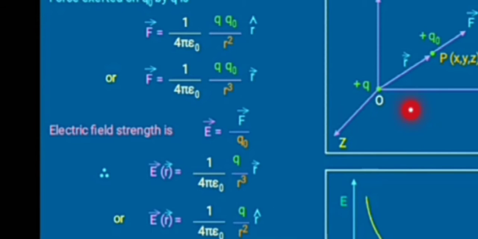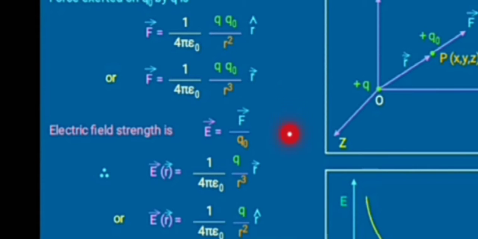If another charge plus Q is at the origin, there is a force of repulsion in this direction, and this force is given by Coulomb's law: F is equal to 1 upon 4 pi epsilon 0 Q Q0 upon R square into R cap.